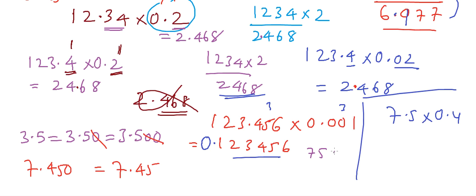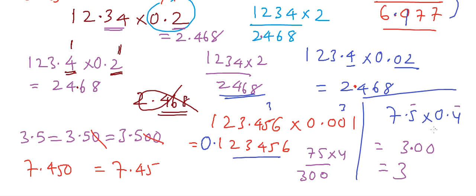So 75 into 4. So you get 0, 5 into 4, 20, then 28, 30. So it becomes 300 now. Now how many decimal places should the result have? 1 decimal place and 1 decimal place, 1 plus 1, 2. So the point will come here. So 3.00. So this can be written as just 3.